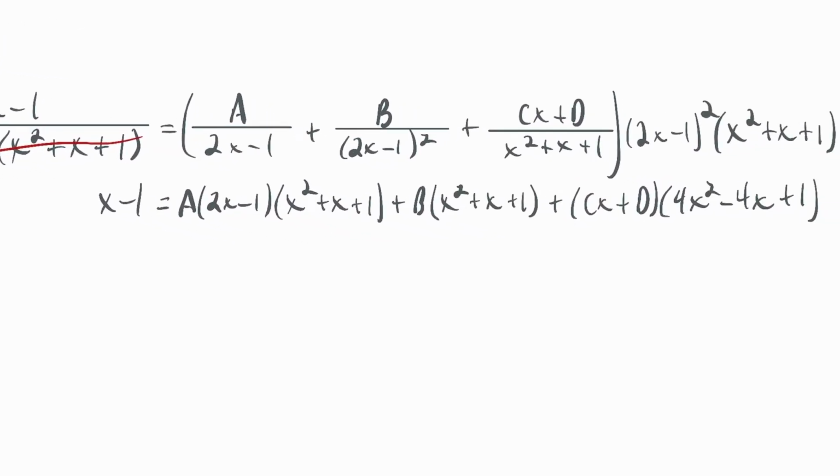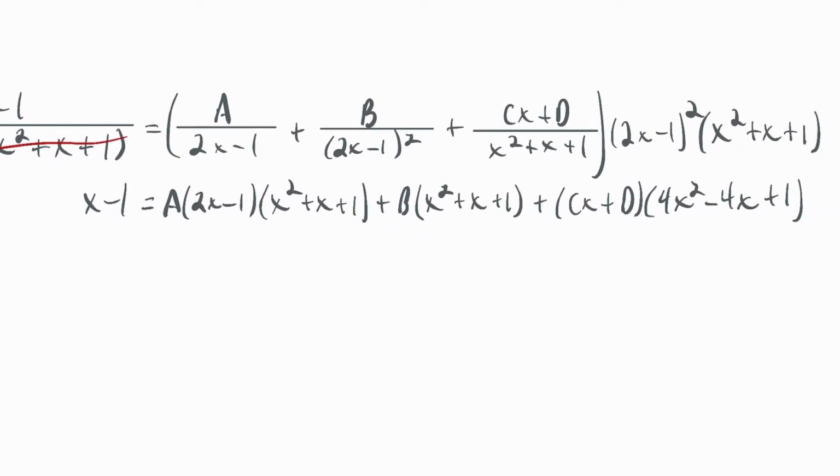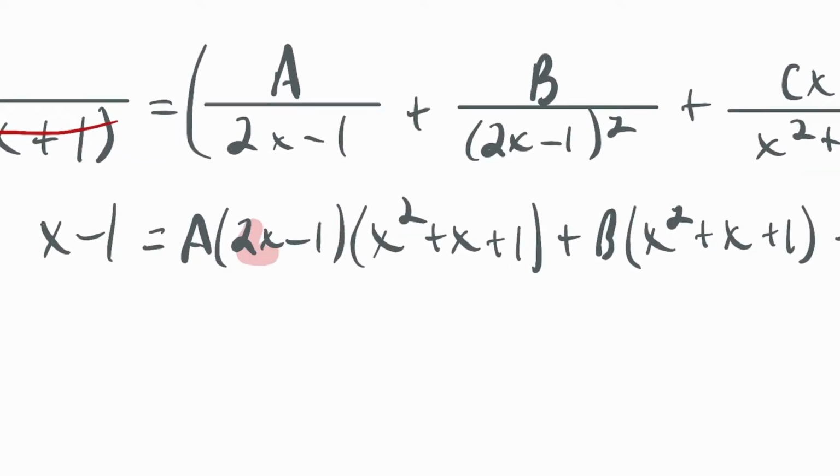So now I have a lot of distribution and/or foiling, if you want to refer to it that way. Basically, we'll start here. I'll do 2x times each one of these terms, not factors, terms. And then negative 1 times each one of these terms.